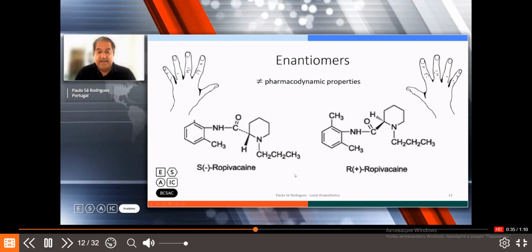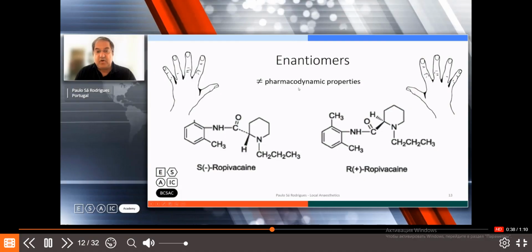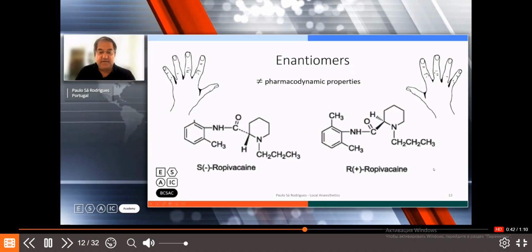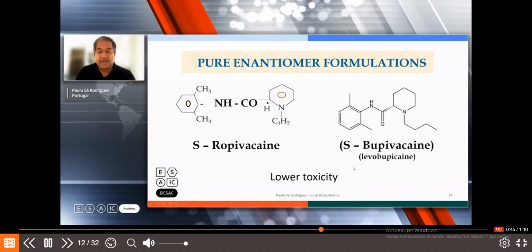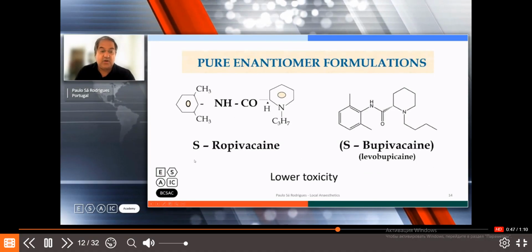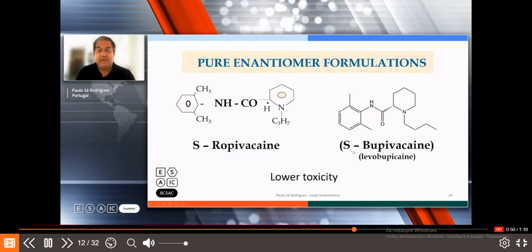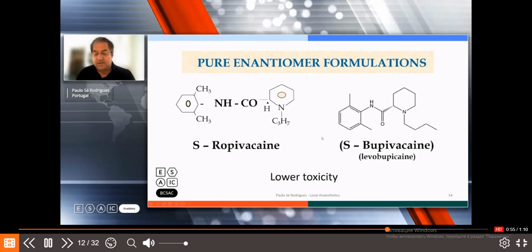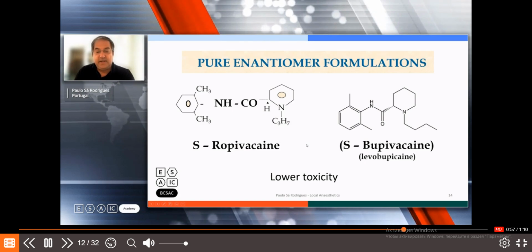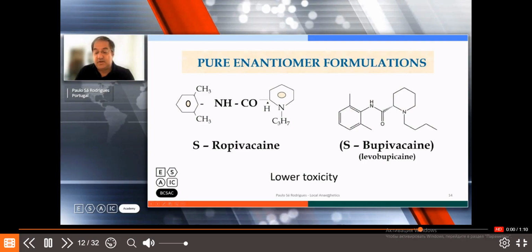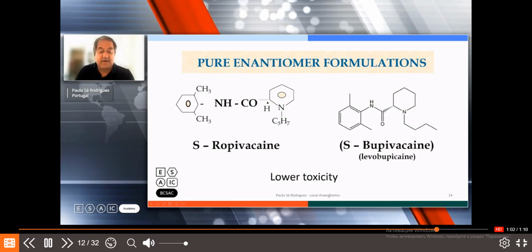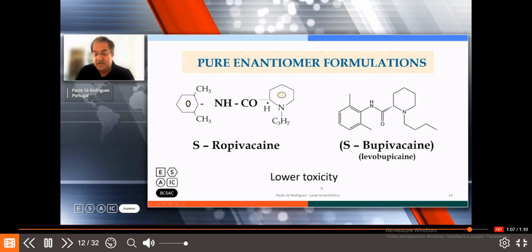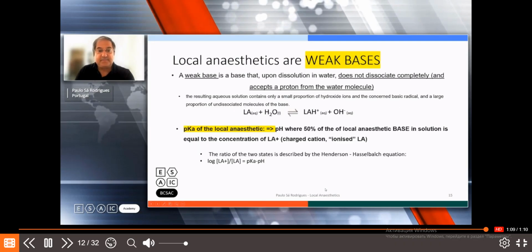It was the isolation of these two enantiomers, such as levobupivacaine and S-ropivacaine, that led to these two anesthetics being introduced in the market. They have the particular importance of having lower toxicity compared to the racemic mixture of the local anesthetics.